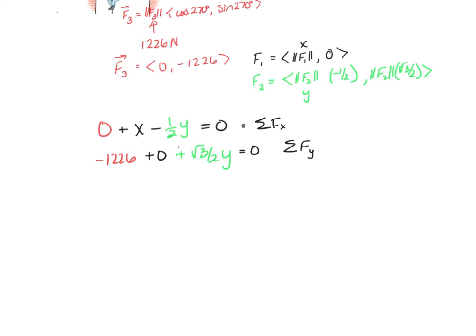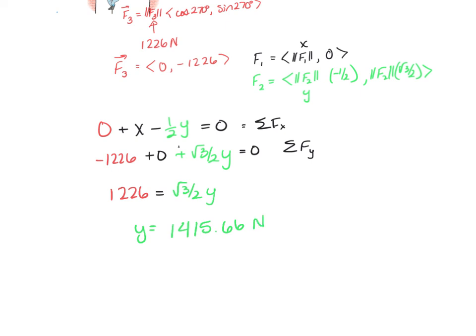So what I'll have then is 1,226 is equal to the square root of 3 over 2 multiplied by y. So y is equal to 1,226 multiplied by 2, divided by the square root of 3, and I end up with 1,415.66 newtons.